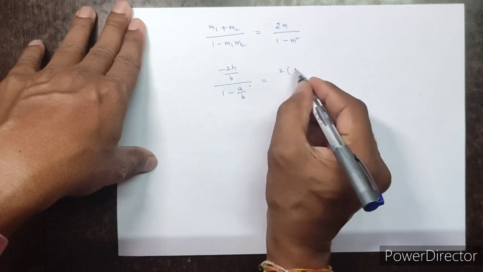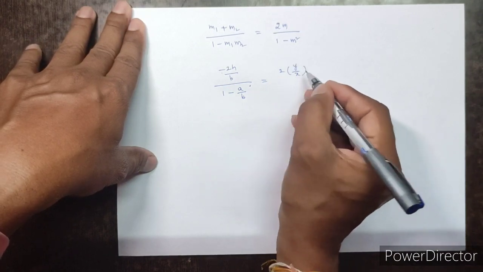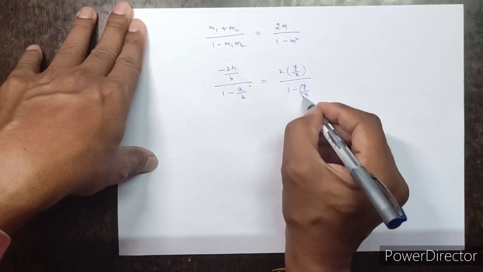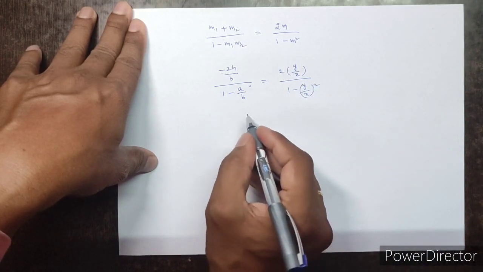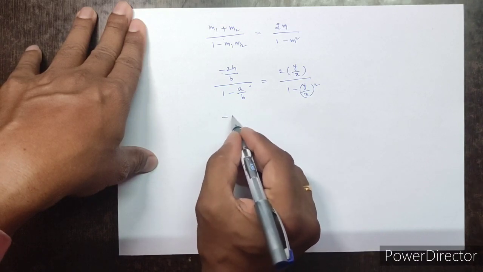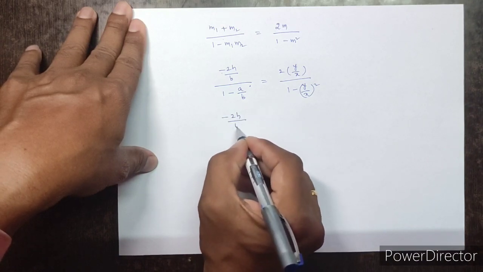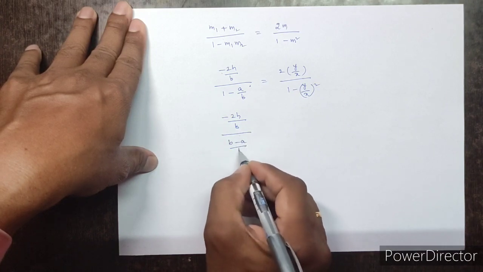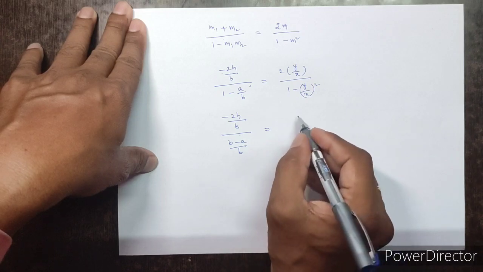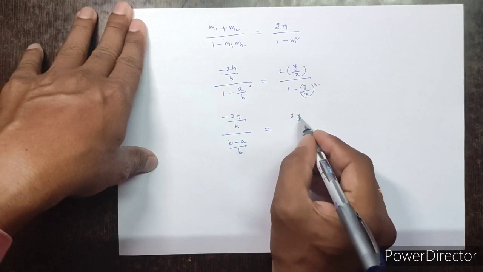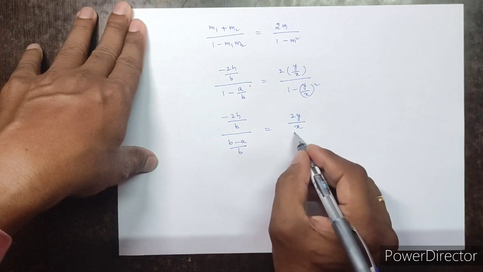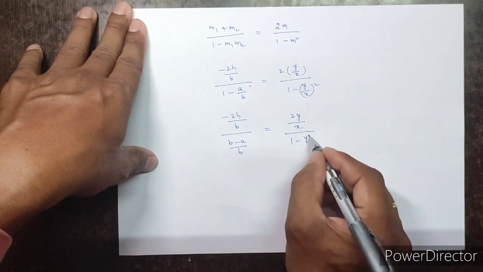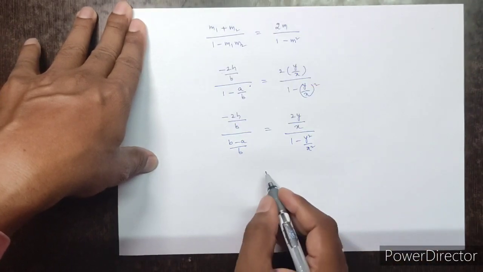This is 2 of m, equal to what? 2 y by x by 1 minus y by x whole square. So this is minus 2h by b by b minus a by b, equal to 2y by x by 1 minus y square by x square.